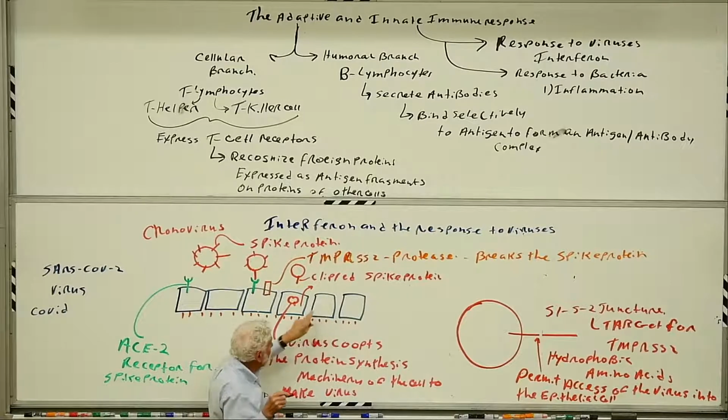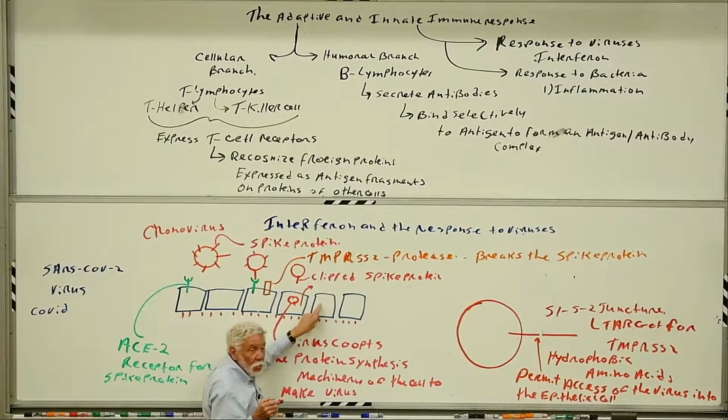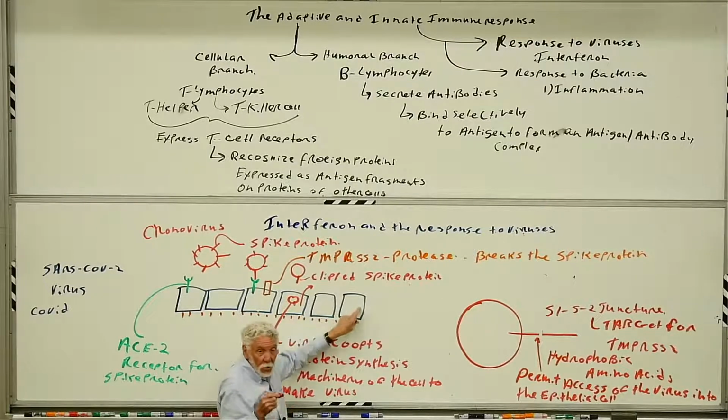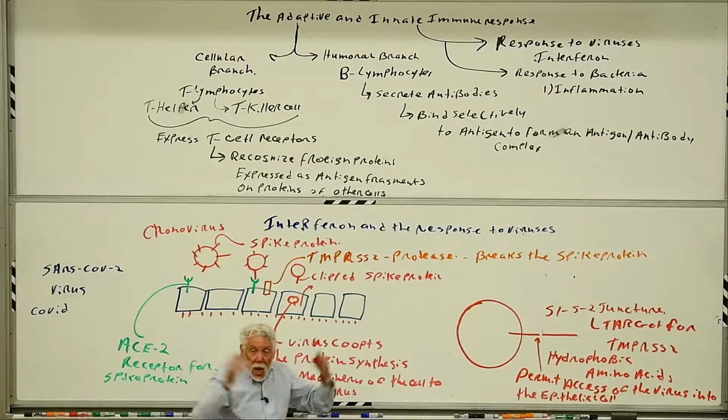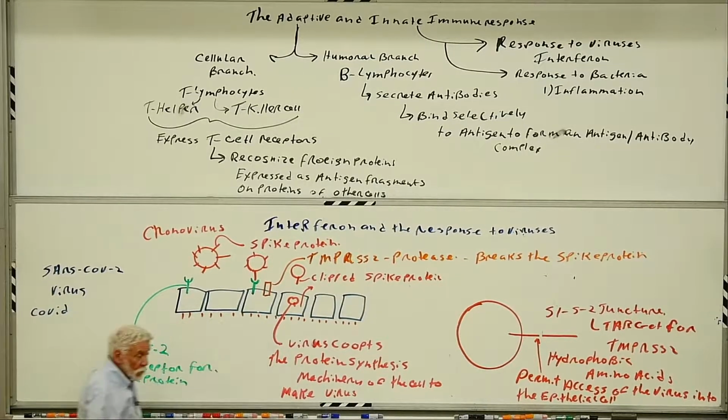Each cell that's infected with a virus may generate thousands of these viruses, and each of those thousands may then infect thousands of other cells. So we get an expanding infection of these viruses. Well, that's really dangerous.